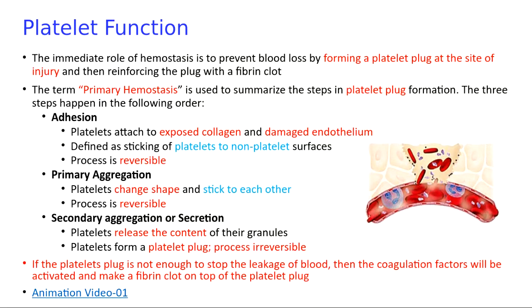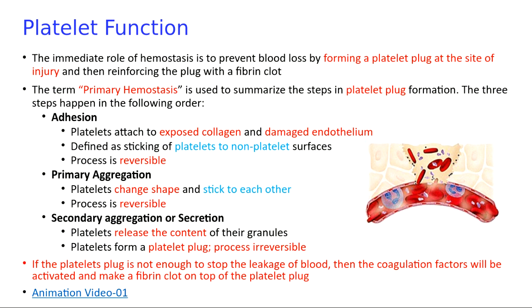Once they get activated, they will adhere to non-platelet surfaces, meaning they are going to go to the site of injury and get activated by the collagen that is exposed, and they are going to reach out and get stuck to the collagen around the area where the damage is. Once the platelets have adhered, then they are going to try to aggregate. And there are 2 types of aggregation, primary and secondary aggregation.